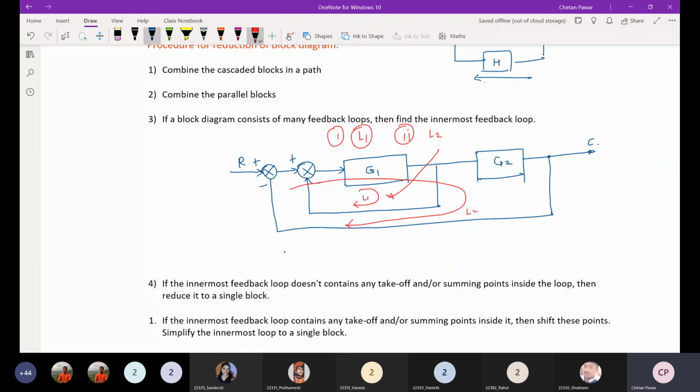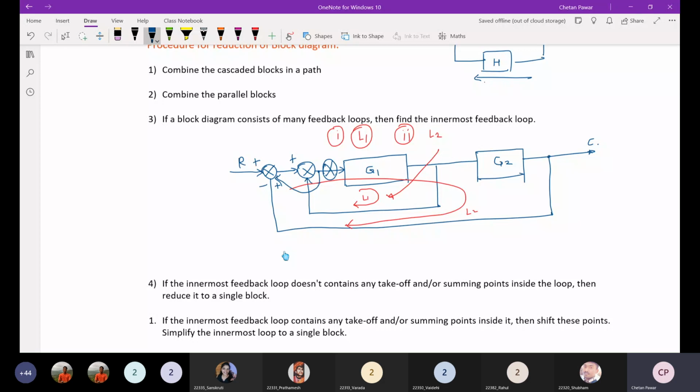For example, there is no summing junction present here. Similarly, there is no takeoff point present here. If there is a takeoff point like this, in such a condition, you can't directly do the reduction on this particular loop, right?